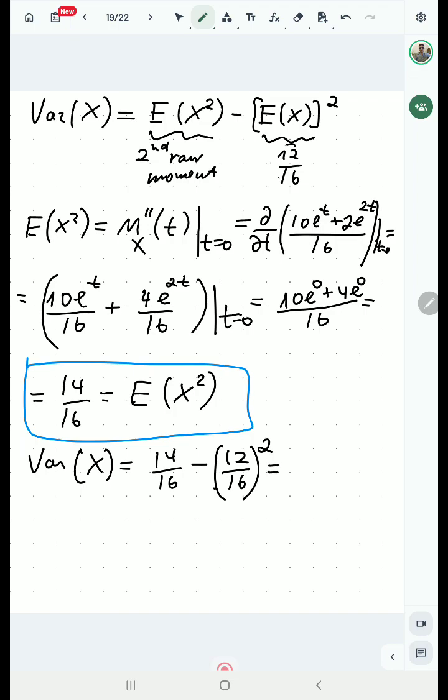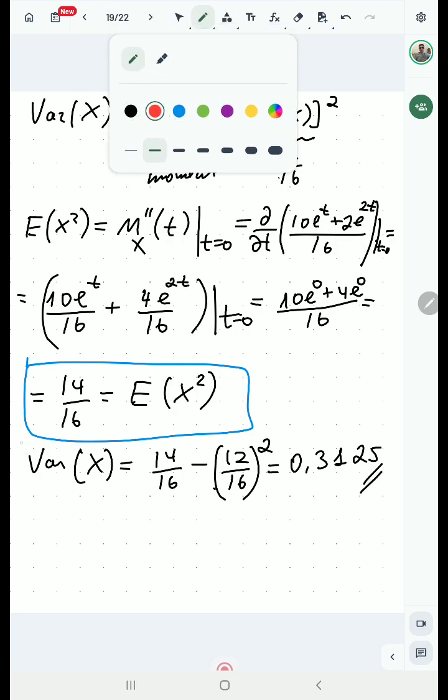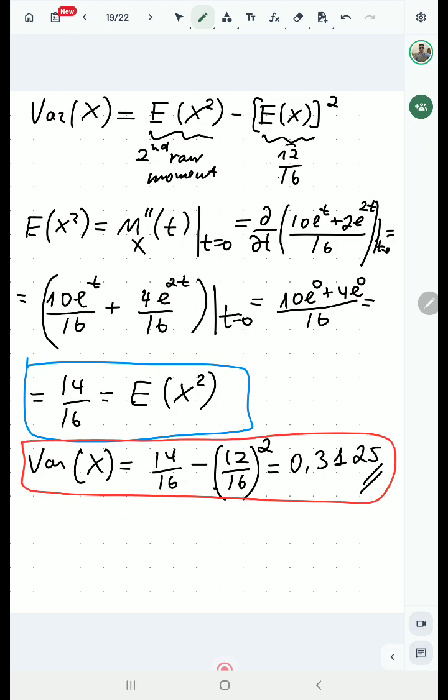Let me calculate it using the calculator. 14 over 16 minus 12 over 16 squared, and that gives us exactly the value that we have already found. So this is the solution that we have already obtained using the probability mass function method.